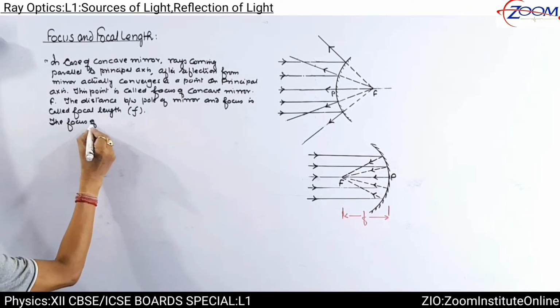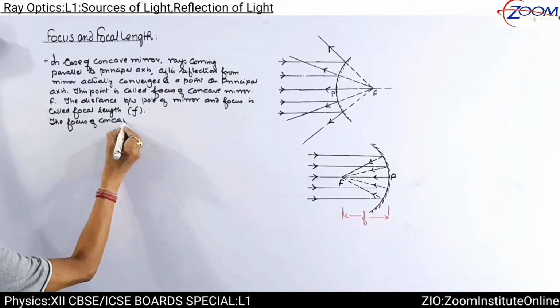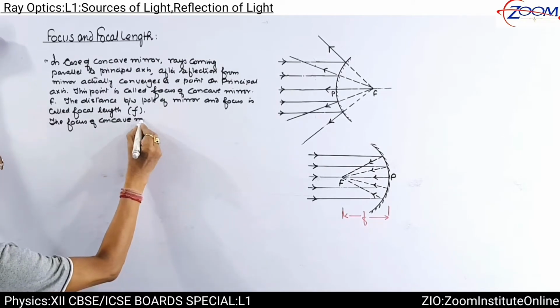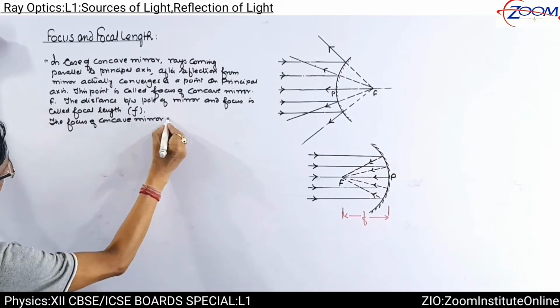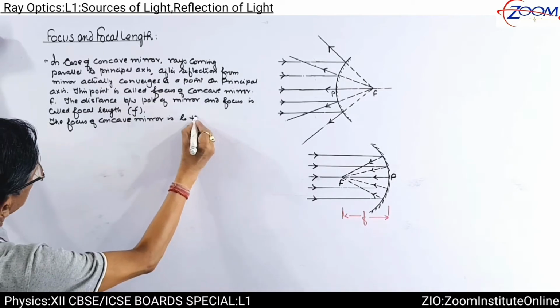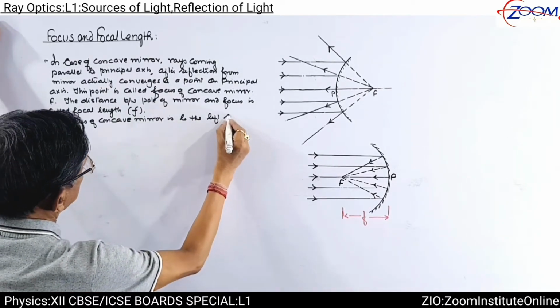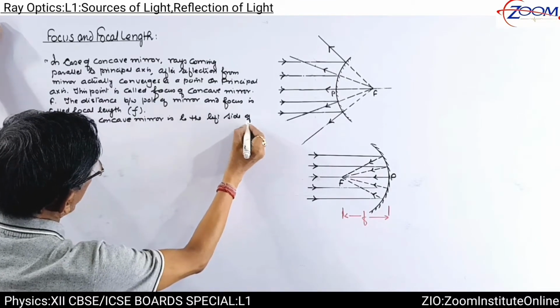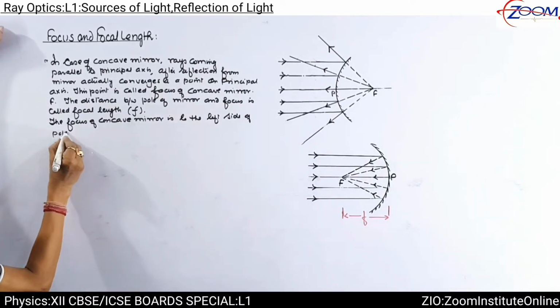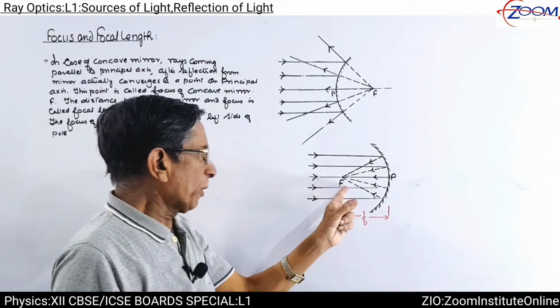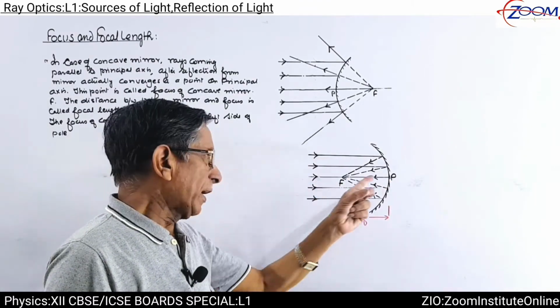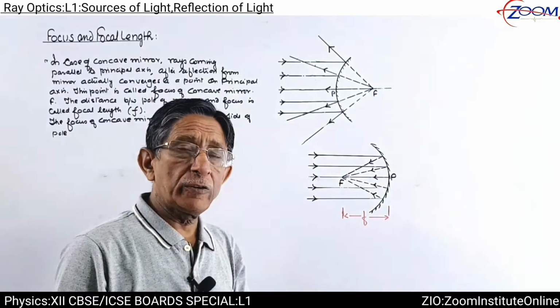The focus of concave mirror is to the left side of pole mirror. This point is to the left and the measurements toward the left are negative.